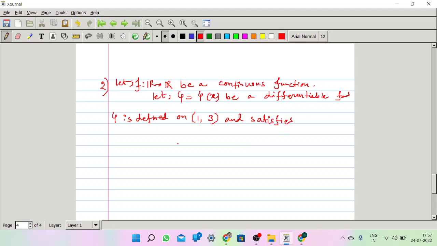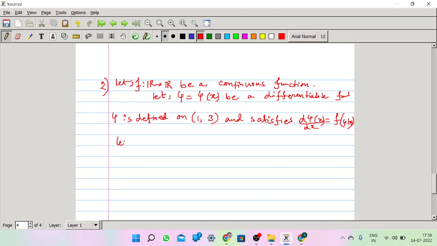and satisfies a differential equation: derivative of phi is f of phi of x. And now I consider another function xi.